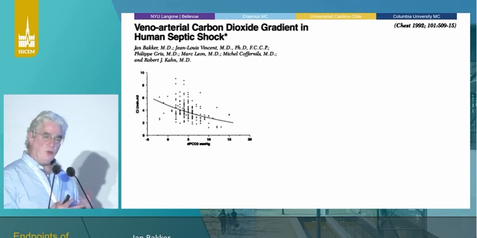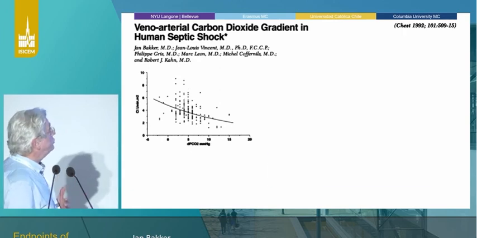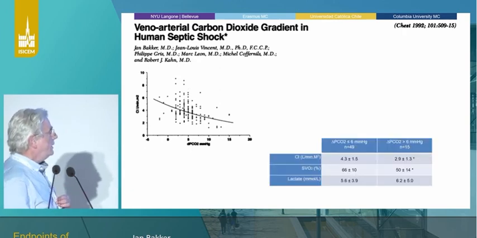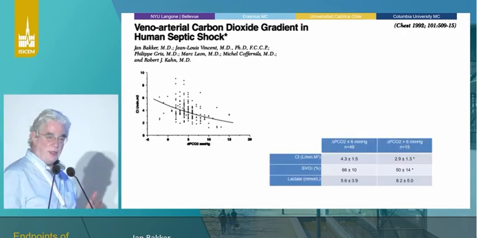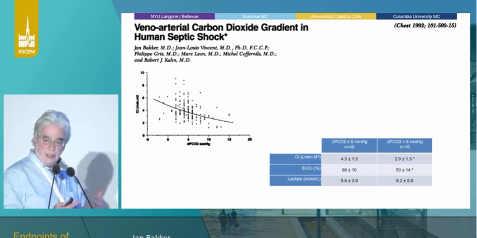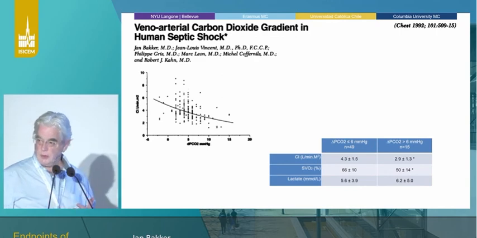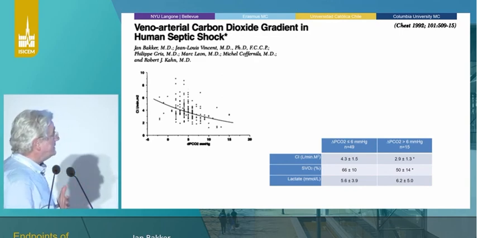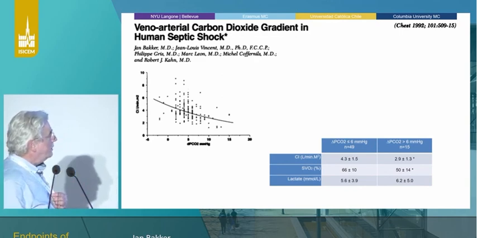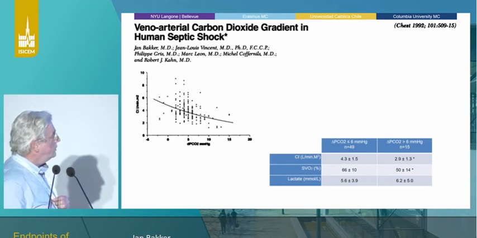But if you look at changes in delta PCO2 in septic shock patients and characteristics, then if your delta PCO2 is increased more than 6, and you compare it to a patient with a normal delta PCO2, less than 6, then the patients with normal delta PCO2 have a higher cardiac output, a higher SVO2. This is mixed venous, sorry, with a PA catheter, and a lower lactate level.